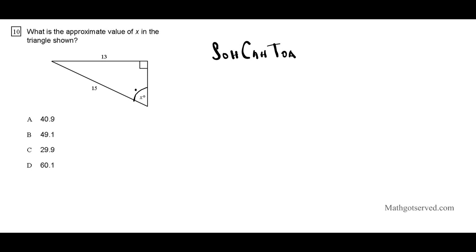The side opposite the angle is going to be the opposite. And the other side we know is opposite the 90 degrees, which automatically makes it the hypotenuse. So which trig ratio relates opposite and hypotenuse? It's sine, right? So we have sine x equals the opposite, which is 13, over the hypotenuse, which is 15.